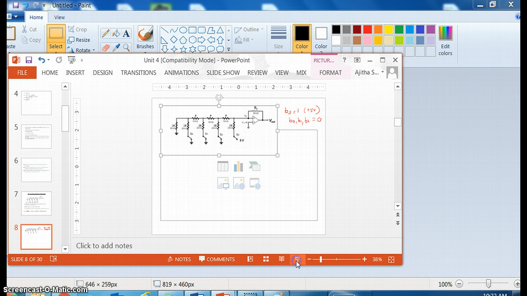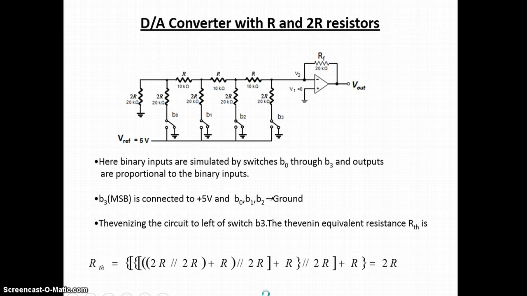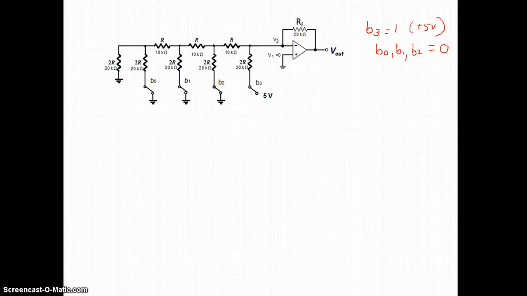Accordingly, I'm now just modifying the circuit. So B0, B1, B2 are 0, connected to ground, and B3 is 1, connected to plus 5 volt.